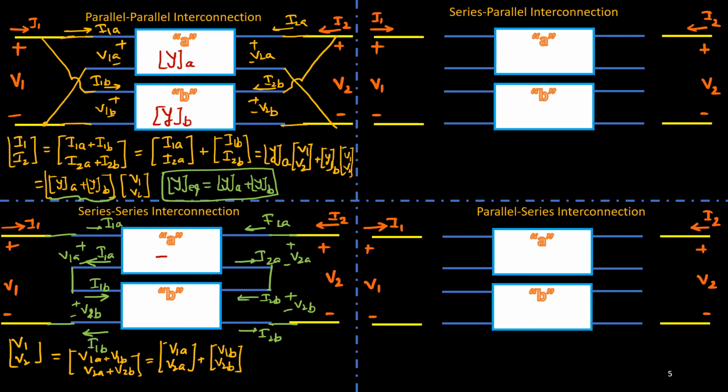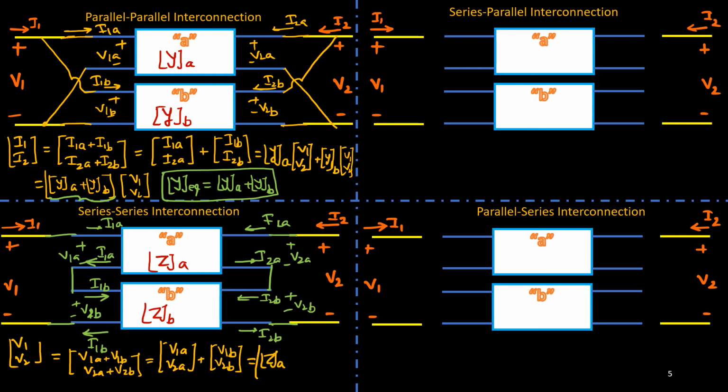Here we'll consider Z parameters, ZA and ZB. You can easily see that in that case, we can combine ZA and ZB, because ZA into I1, I2, I1 is the same current. I1 is I1A as well as I1B.